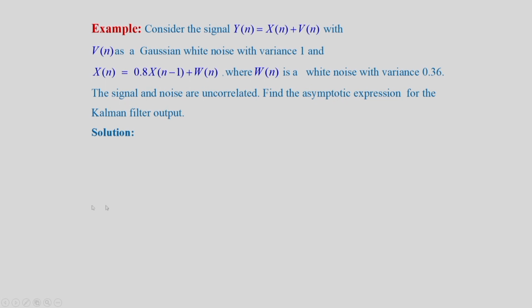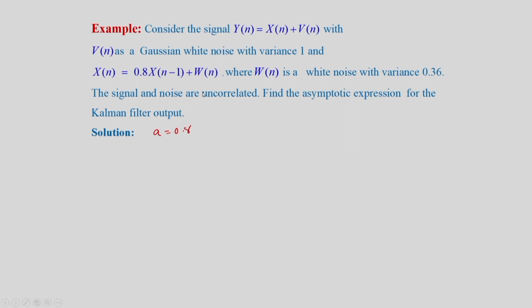So, here we have the signal model, x n is equal to 0.8 x n minus 1 plus w n, that is an AR1 model with a equal to 0.8.